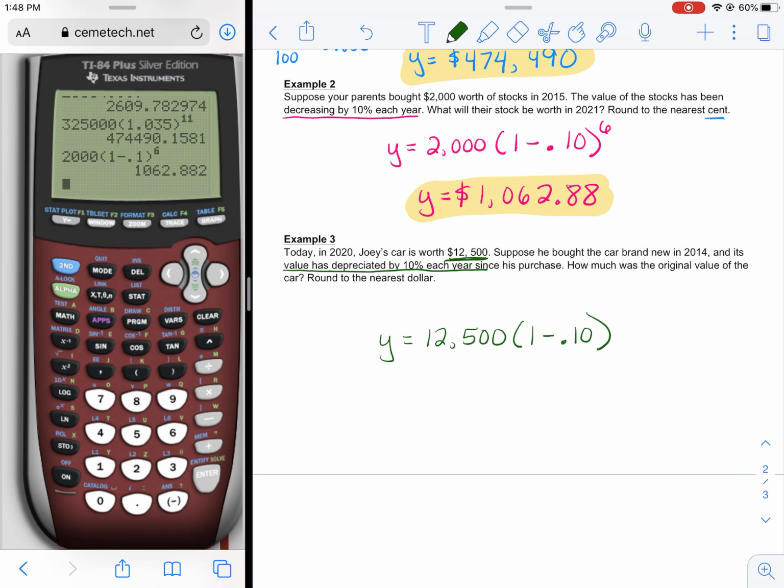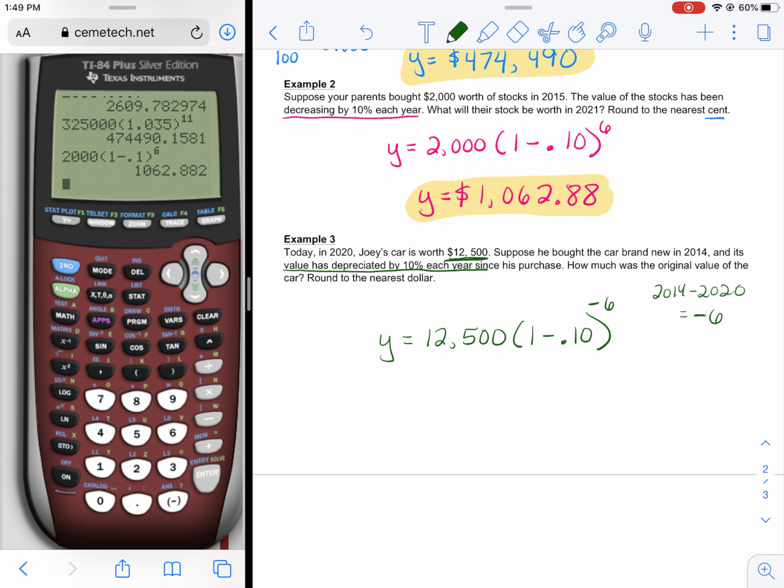And here's where the little variation is. We know the value in 2020, and we want to find the value in 2014. So you're actually trying to find a value from a year's past. So you're going to do 2014 minus 2020, so you're actually going to be having a negative t value.